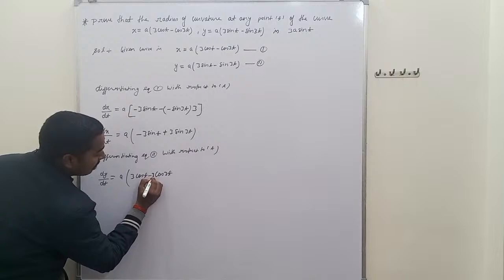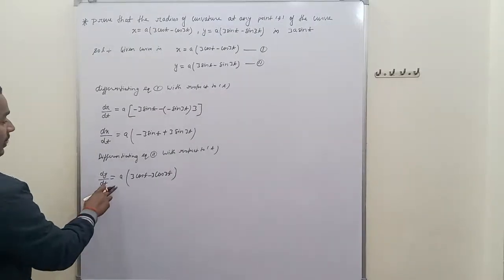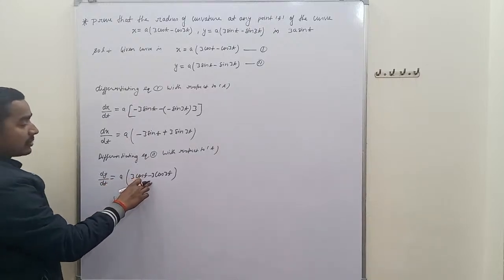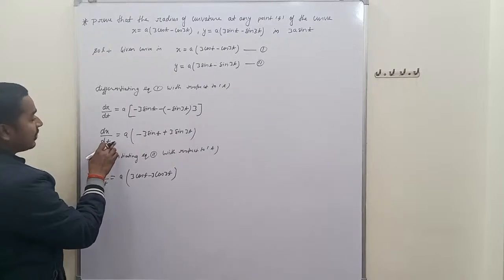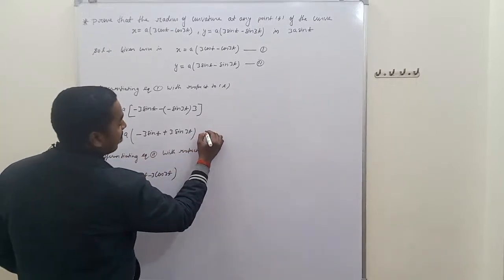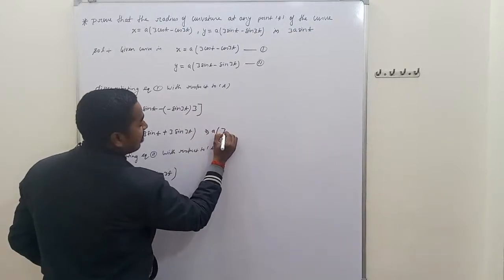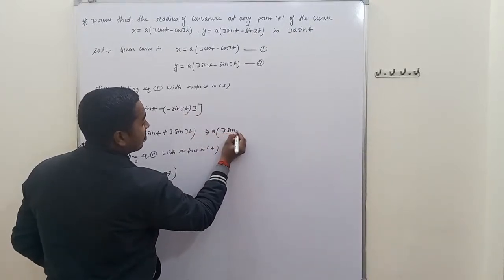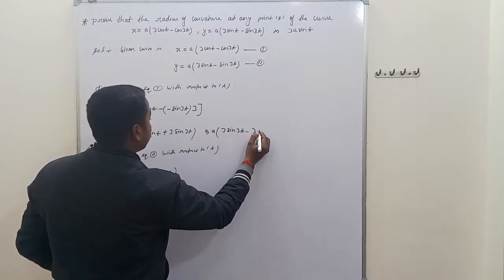We write here the value of dy/dt is a(3 cos t − 3 cos 3t), and the value of dx/dt we can also write as a(3 sin 3t − 3 sin t).